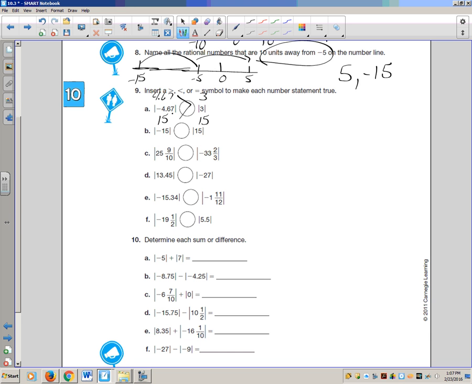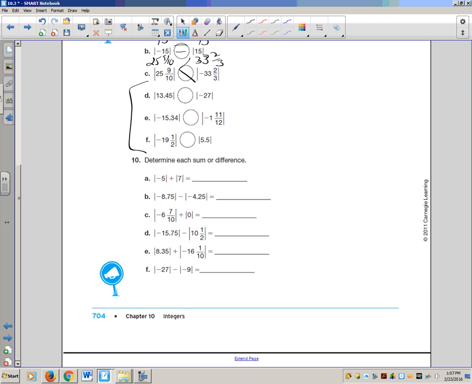This is 15, so those are equal. Absolute value of 25 and 9/10 is 25 and 9/10. The absolute value of -33 and 2/3 is 33 and 2/3, less than. Try those three. Pause the video and try them. All right, now you're back.